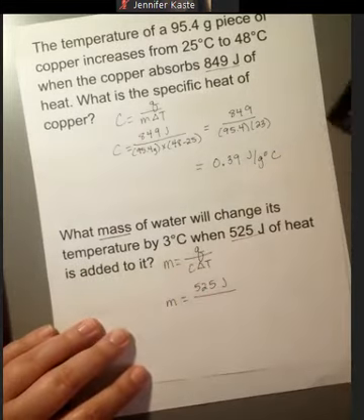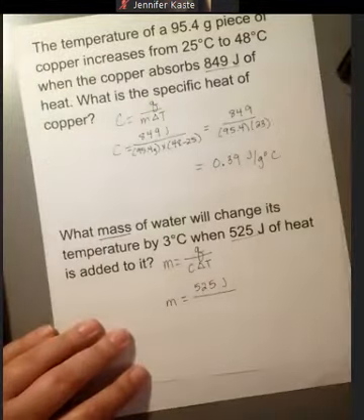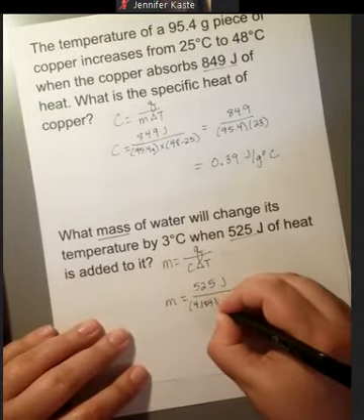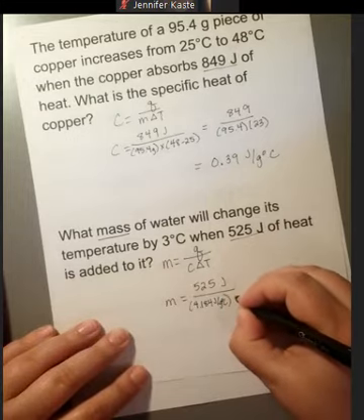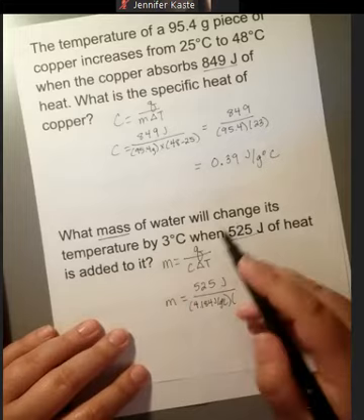So we're going to go back and we're going to use that 4.184, times delta T, which they told us that the change of temperature was 3.